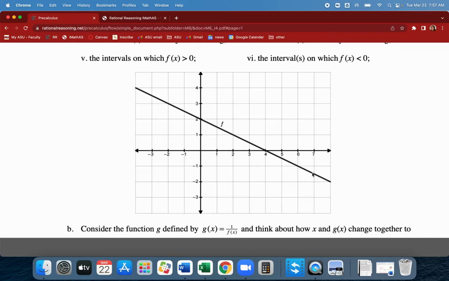Here's -1 down here. I don't have a lot of y values farther away than -1 shown in this graph. But if I take the reciprocal of any that are more negative than -1, they're going to still be negative, but between 0 and -1. Like -2 becomes -1/2.